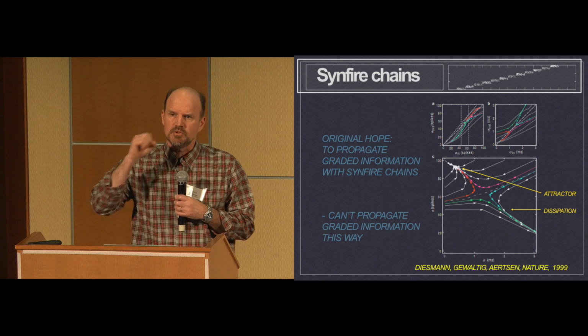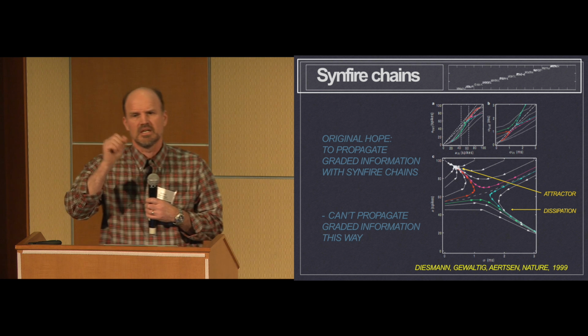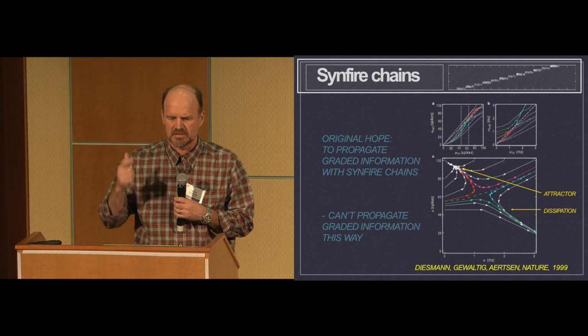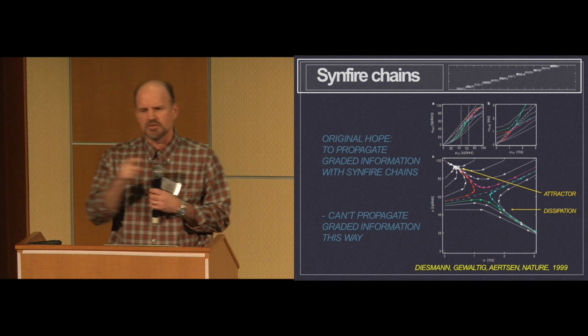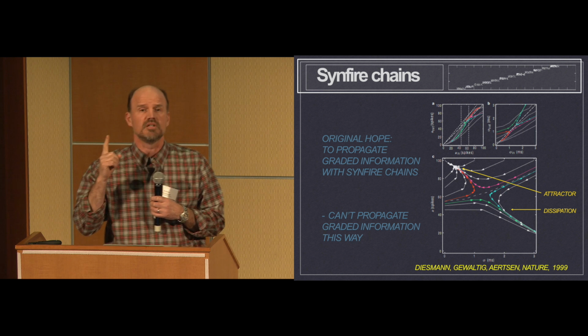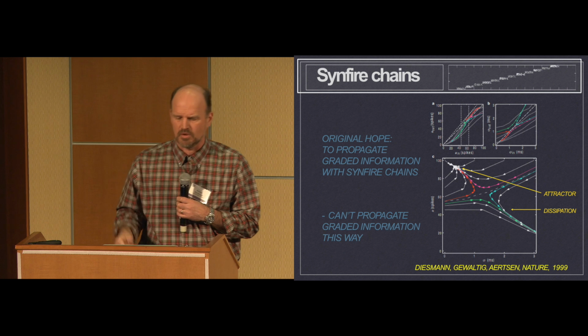What happens is you put in a volley of action potentials very rapidly. That pulse goes to a fixed amplitude, fixed standard deviation. So yes, you can transfer information with a Synfire chain, but you can transfer one bit of information. And that's not sufficient for what we know about the brain.